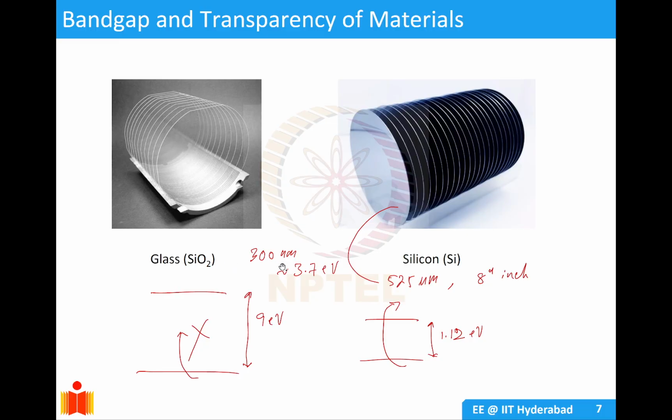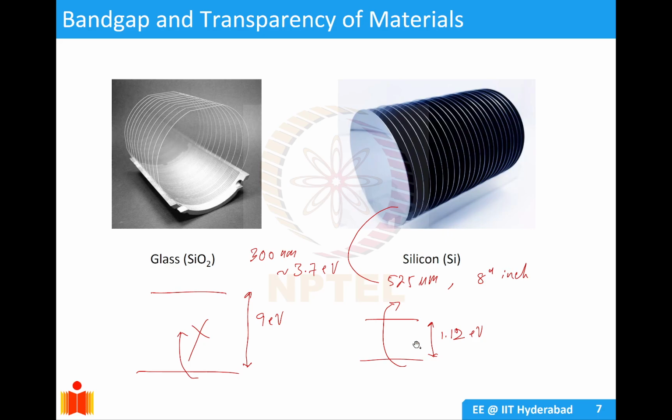The edge of visible light, let's say 300 nanometer, is itself 3.7 eV, so the band gap is even higher than that. Since all the visible light photons have a lower energy than the band gap, they all get transmitted and none of it is absorbed. That is why we can see through glass.